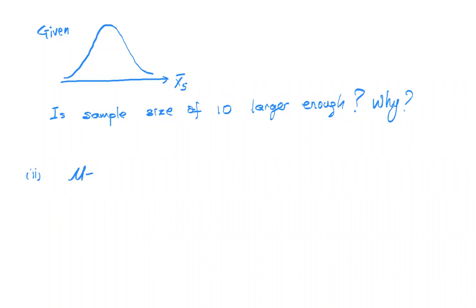The second part of the central limit theorem is talking about the mean of the sample mean. That is how you read, it is equal to the population mean. And the standard deviation of the sample mean is equal to the standard deviation of the population divided by square root of n.